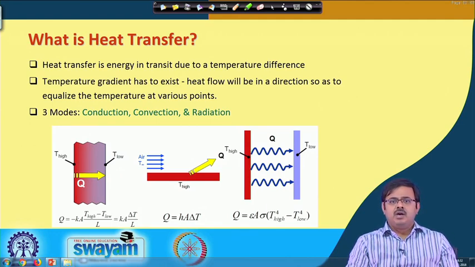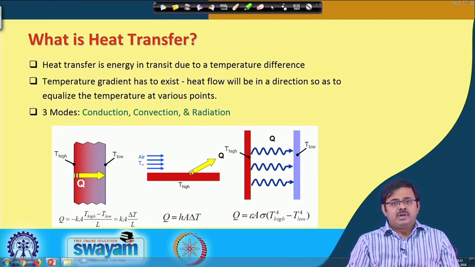Then I will say, all right, what is the velocity at which the air is coming? Then what is the temperature difference between the plate and the air? Finally, what is the condition of the flat plate? Are you maintaining it at a uniform temperature or is the boundary condition something else? And what are the dimensions of the flat plate?